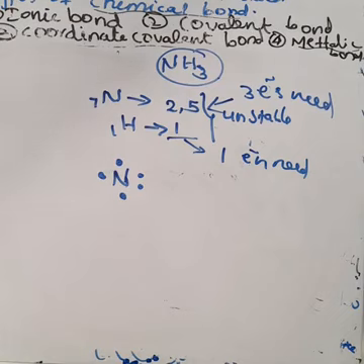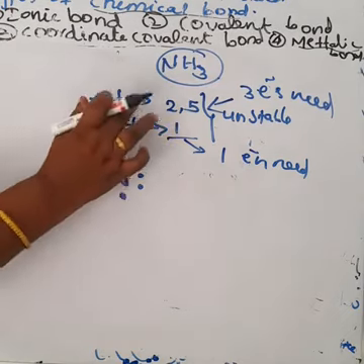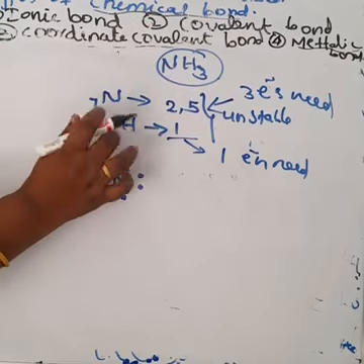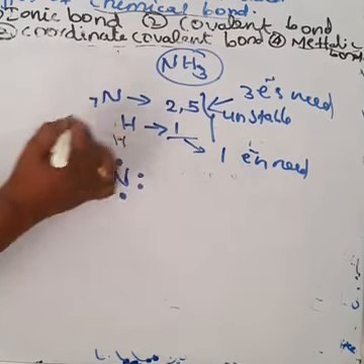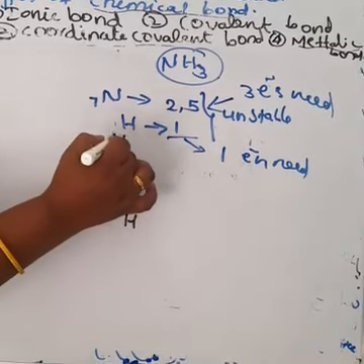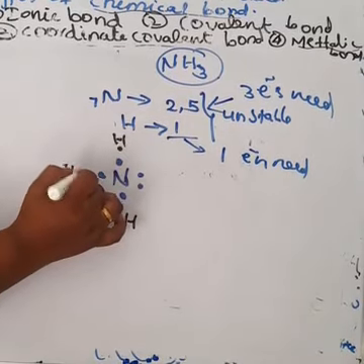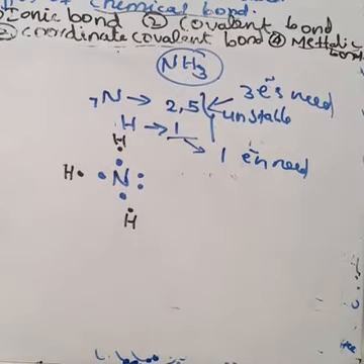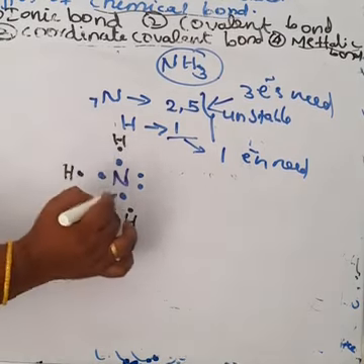How many hydrogen atoms are here? 3 hydrogen atoms. 1, 2, 3. How do they combine? Each hydrogen atom has 1 valence electron.